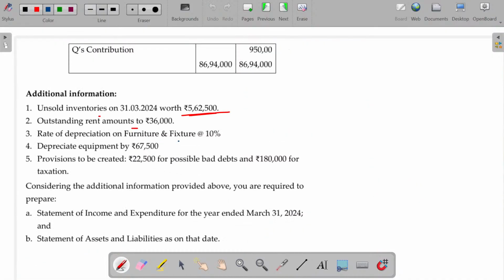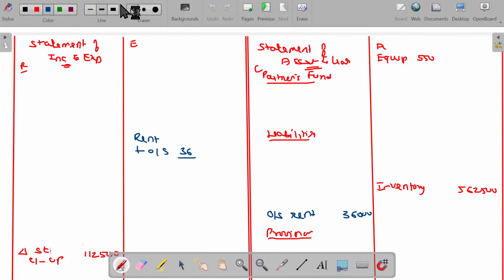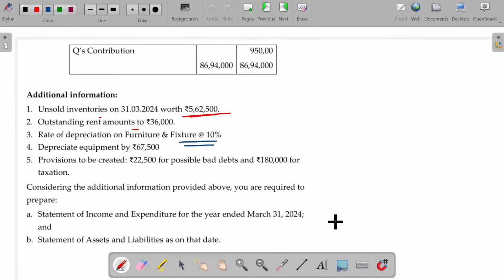Rate of depreciation on furniture and fixtures 10%. Furniture and fixtures are assets, minus depreciation 10%. I'll keep it pending. Depreciate equipment 67,500.